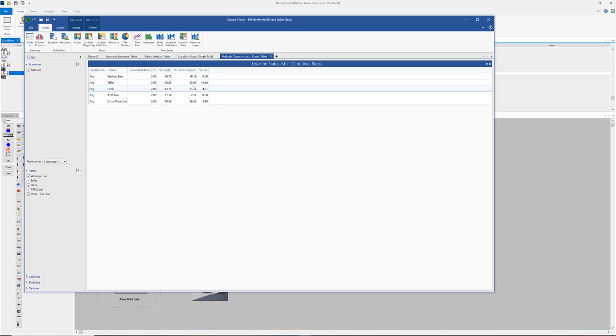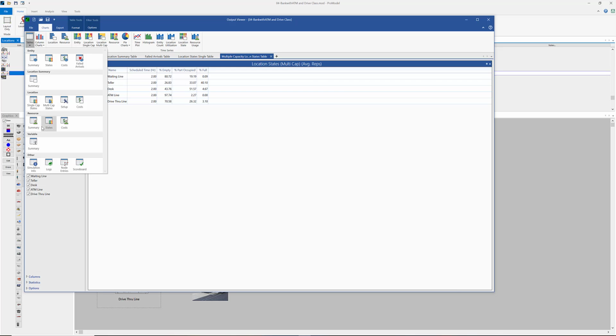And the teller: again, empty 26% of the time, fully occupied, that is two people in the teller, 40% of the time. Some may be transacting business or waiting for a clerk to show up. And then ATM lines and drive-through line: percentage full is 3.0, so there were few instances when the drive-through line was full.